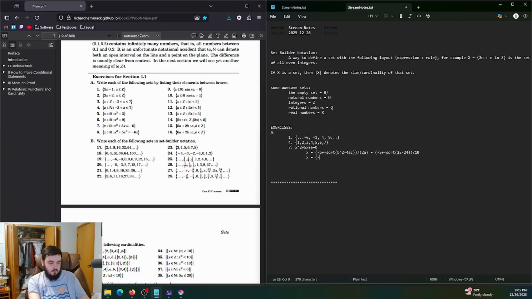Negative 4 tenths and negative 6 tenths, which is also negative 2/5 and negative 3/5.